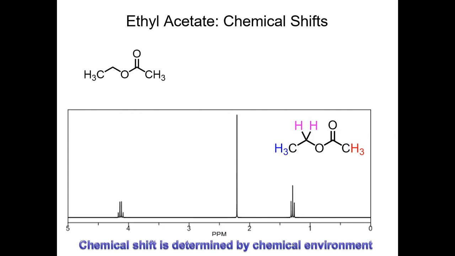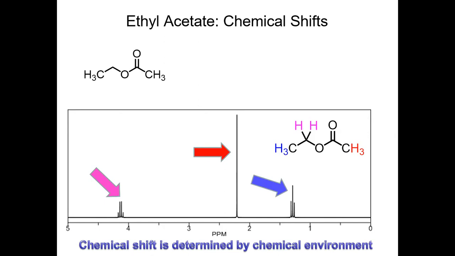So if you look here, which one is the furthest down away from zero? The quartet. That quartet is all the way at 4 point something. We say that it's further downfield. And then the one closest to zero is the triplet, which we would say is further upfield.